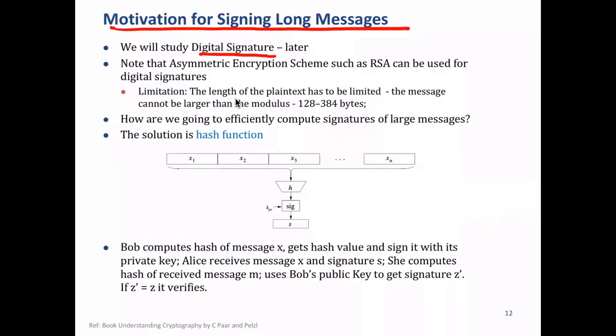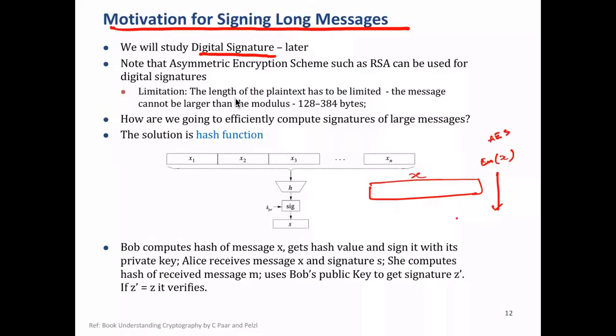Now one way of getting signature is that you have a message M or message X, let's assume, and you encrypt it using AES, that is symmetric encryption, or DES, whatever.